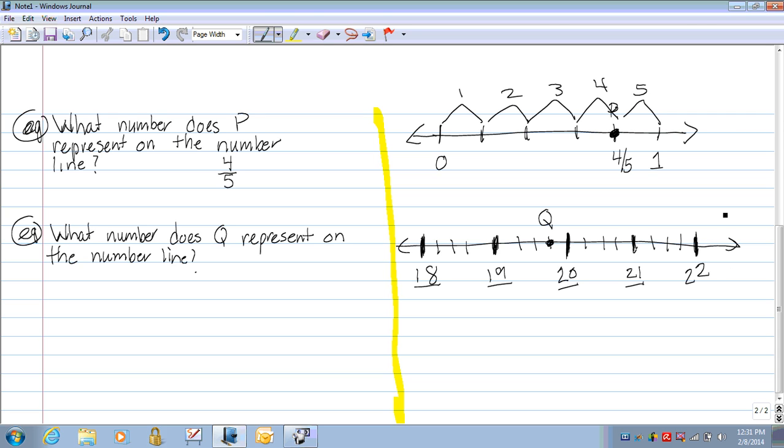The second step that we need to look at is how many equal parts are between each whole number. So here we have 1, 2, 3, 4. Let's look at this one. 1, 2, 3, 4. 1, 2, 3, 4.